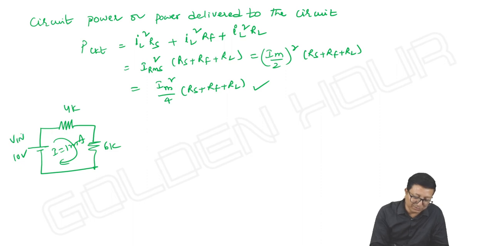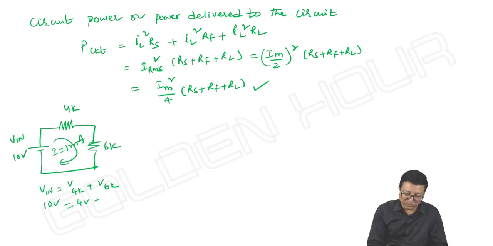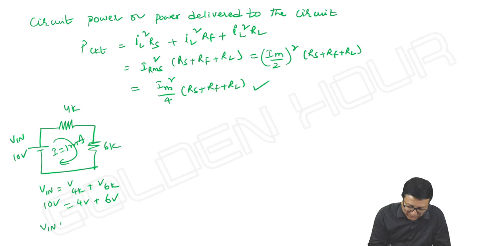This is our input. So V input is equal to, if I take the loop equation, voltage across 4K plus voltage across 6K. It is 10 volts, and it is 4 volts and 6 volts. Everything is fine. Now I am multiplying both sides with I. V input into I is equal to voltage across 4K into I plus voltage across 6K into I. What is V input?